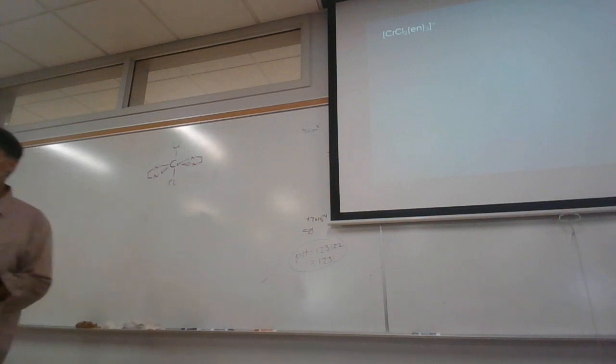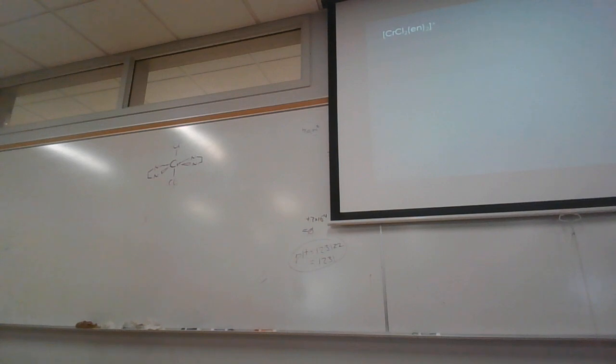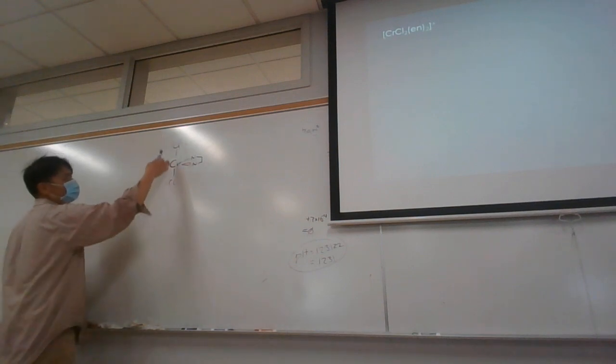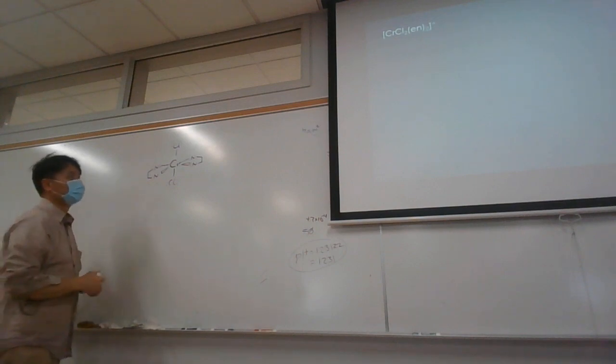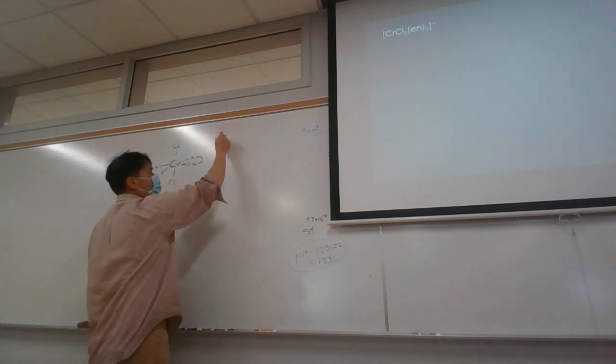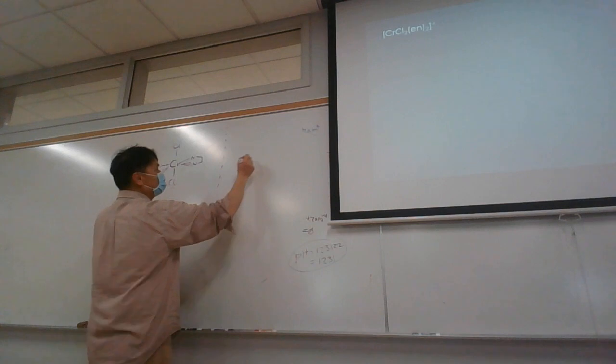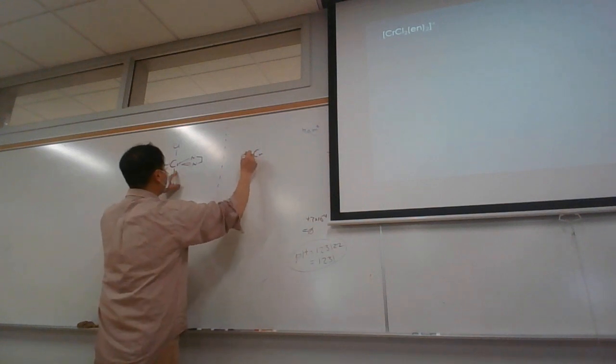Can you slice this in half and get two equal halves? Yeah. We can slice it in half right here and get two equal halves, or slice it in half here and get two equal halves. That's one way. The second way is if you can't tell there, you draw its mirror image.